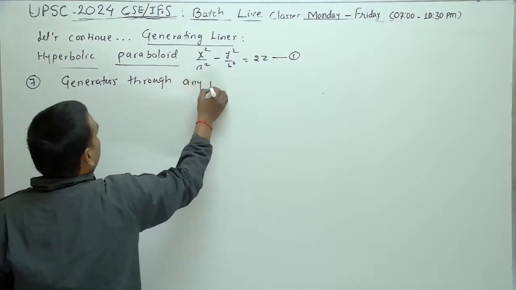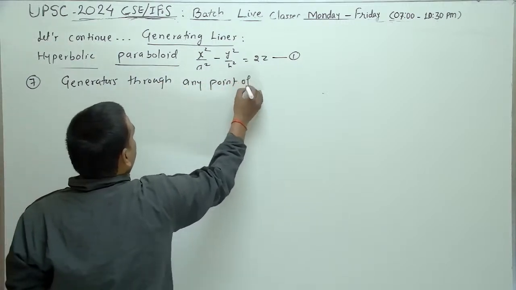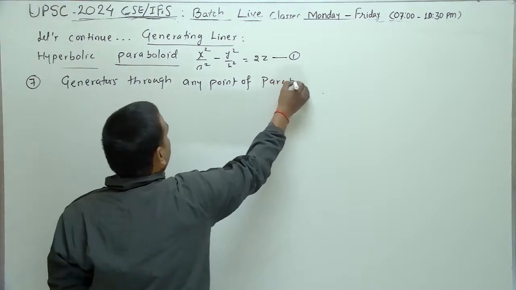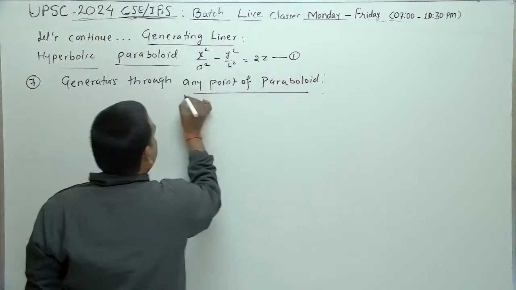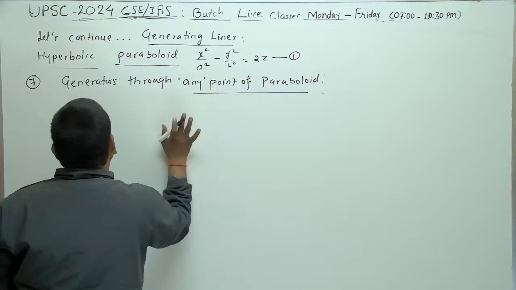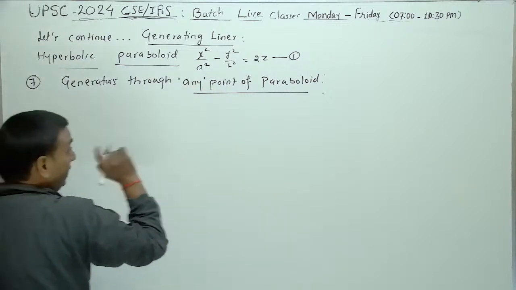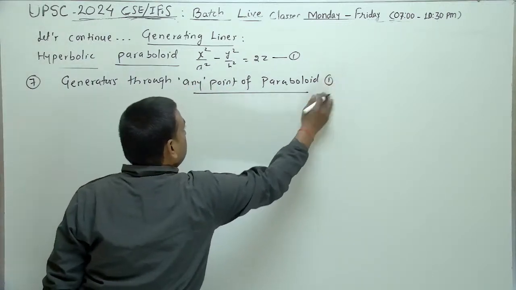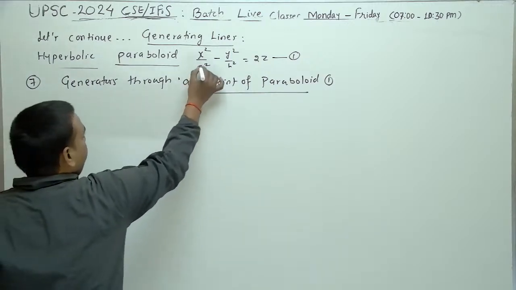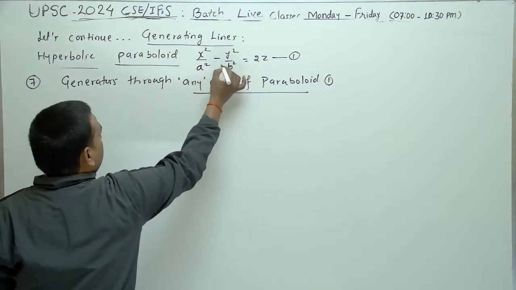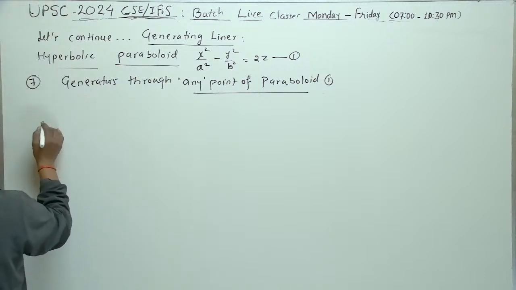Generators through any point of the paraboloid. Any point, okay? Paraboloid 1. So its parametric equations we can write. Just write that.